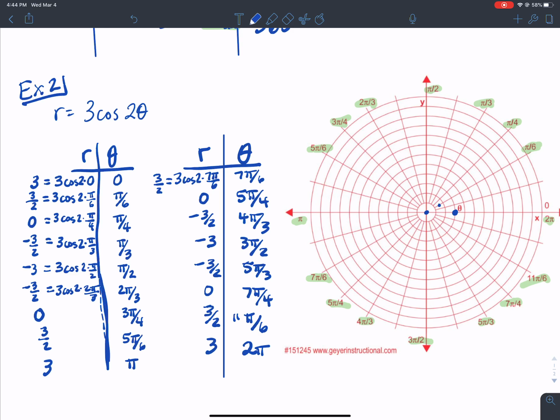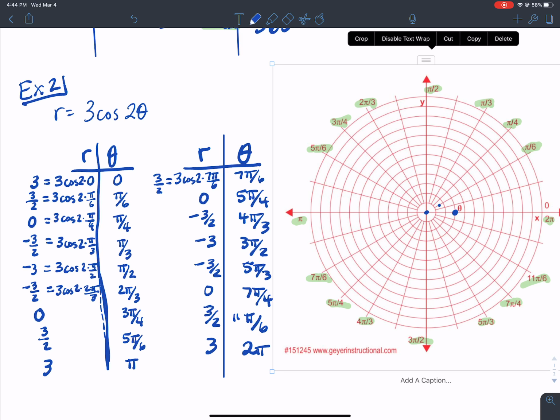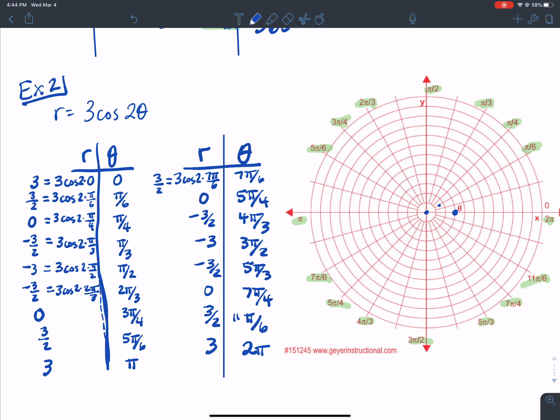At pi over 3, we have to graph negative 1.5. So remember, at pi over 3, to graph a negative, you have to come out to this pi over 3 extended. So we're going to go backwards on that 1.5.